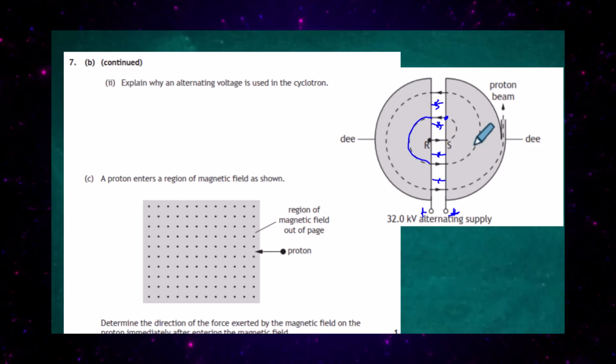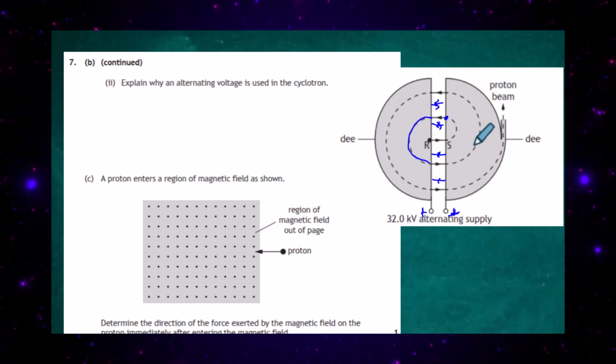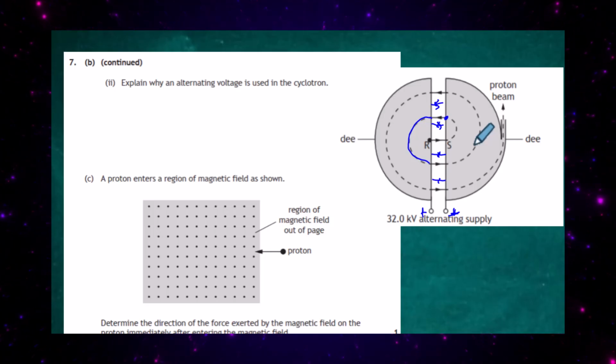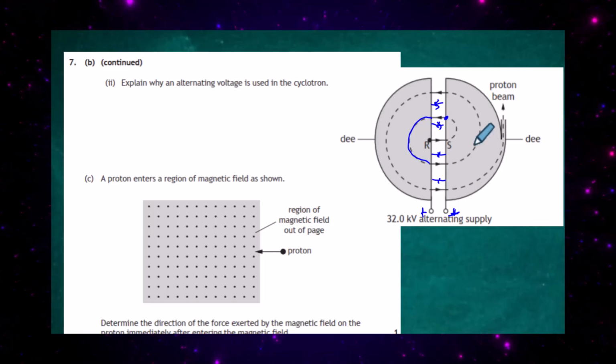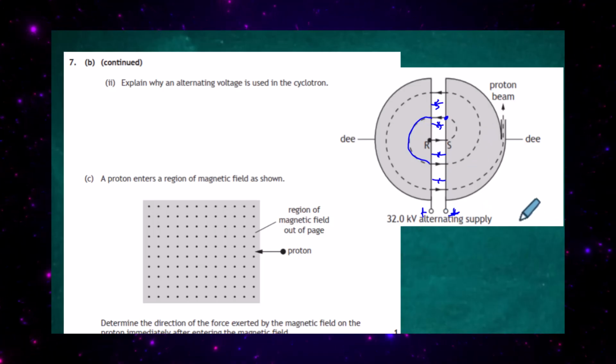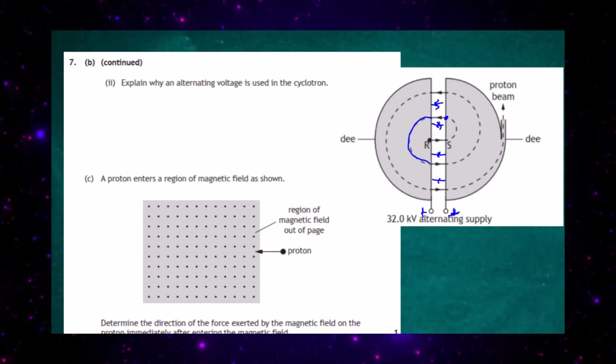So you have to keep ensuring that the electric field between the two Ds is in such a position that the proton will be accelerated across the gap, and to do that we keep the alternating supply going, which means we've got an alternating electric field.